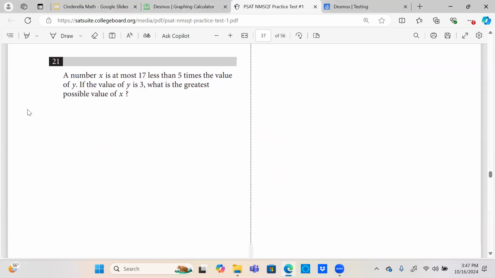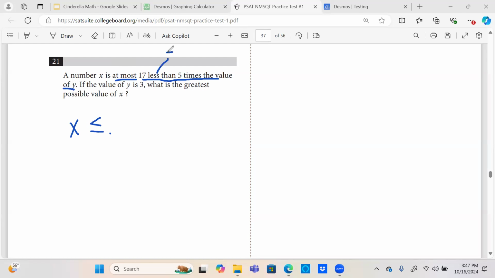A number x is at most 17 less than 5 times the value y. So at most means it's less or equal, right? It could be equal, but it's probably less. x is at most, so x is equal or less than 17 less than 5 times the value of y.